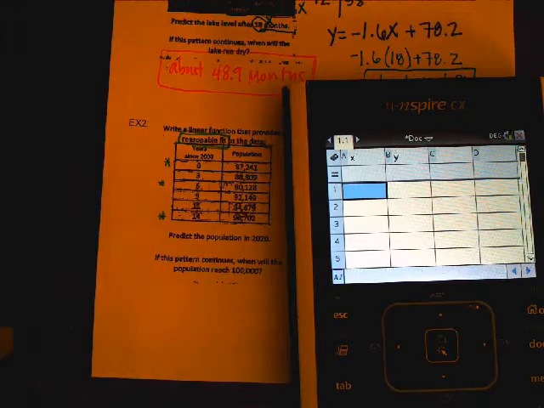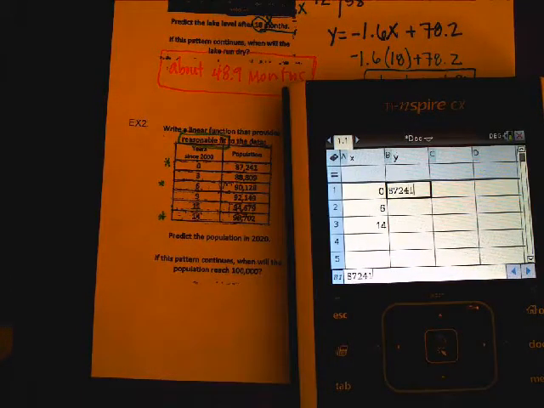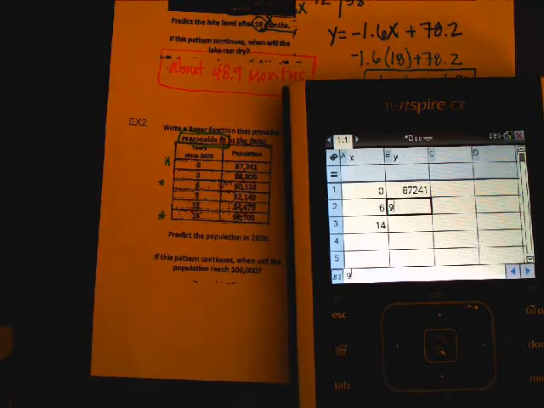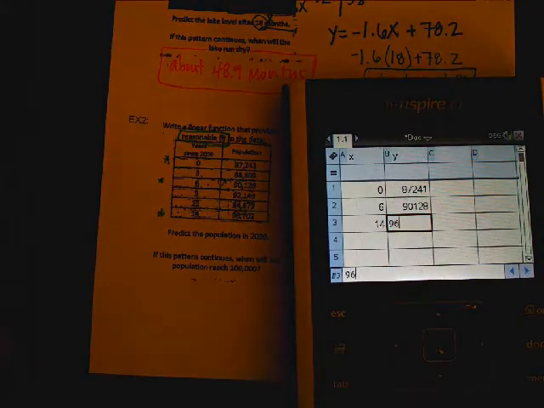So 0 is my first x, 6 and 14. Then 87,241. Make sure you're plugging these numbers in right. Double check them. Everybody should be doing this. 96,702. You do it off your paper.